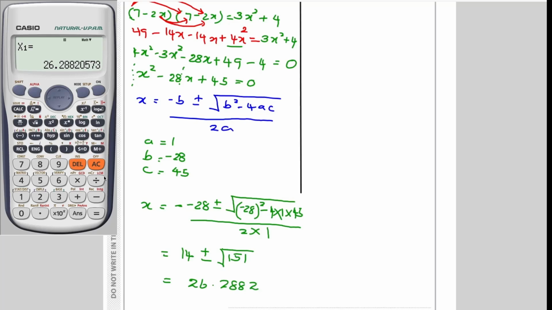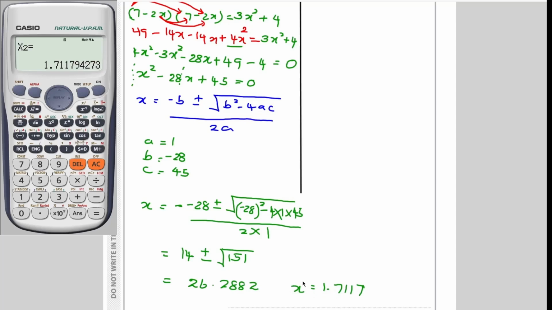Let's get the next answer. It is 1.7117. Right. Now we have two x answers.